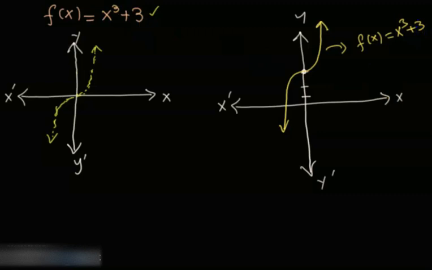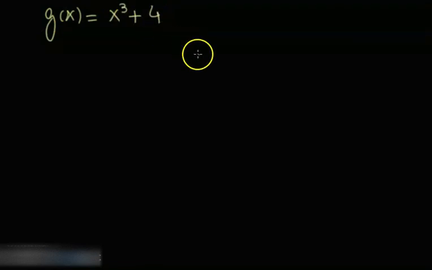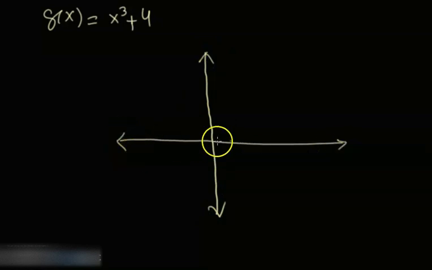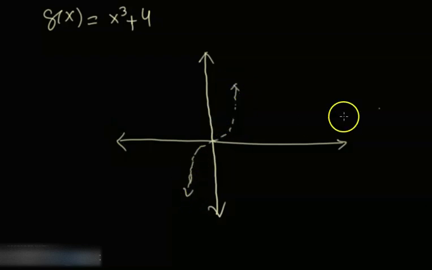Similarly, we can plot another function, if you recall, g of x equal to x cube minus 4. It's basically a 4 units downward shift to the cubic function. So this is the parent cubic function, and we have to shift this 4 units down.